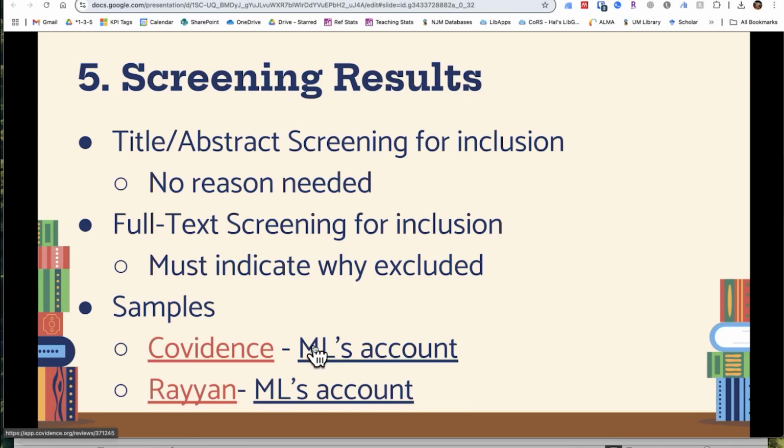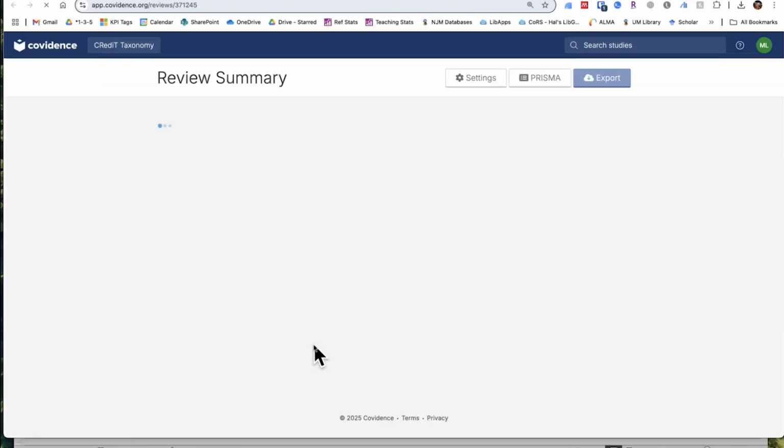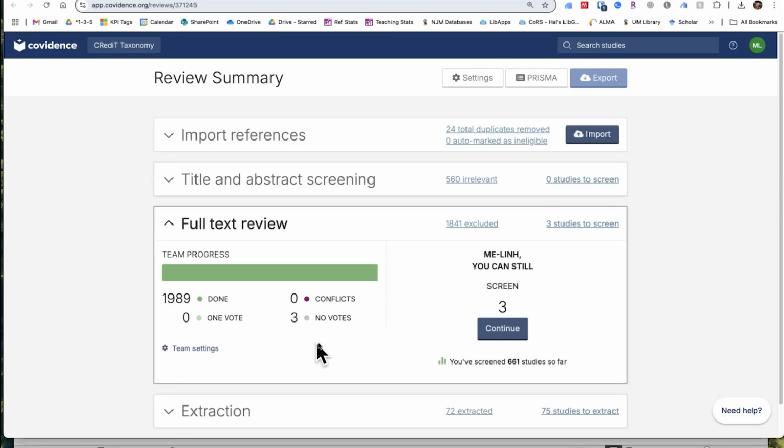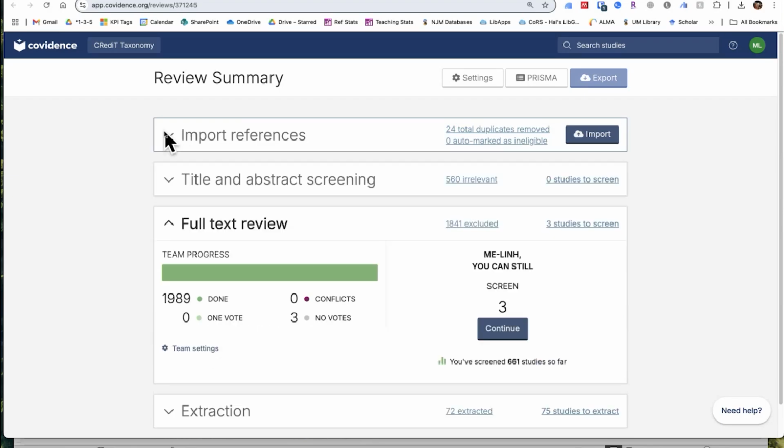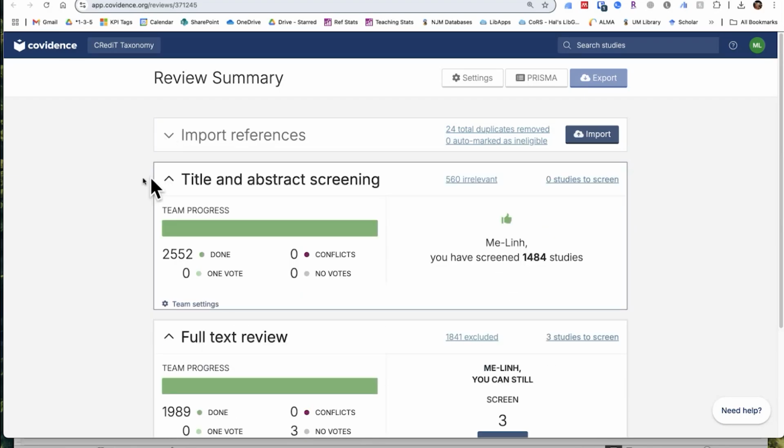And I just thought I'd show you Covidence. This is a project that I'm working on right now, and this is what the interface looks like. You can see I've imported a whole bunch of different studies, and then all those studies were screened. There were three of us on the team. I screened just under 1,500 articles for title and abstract.